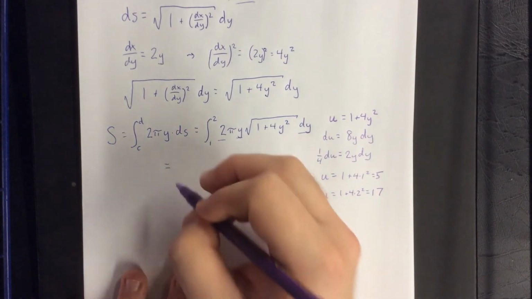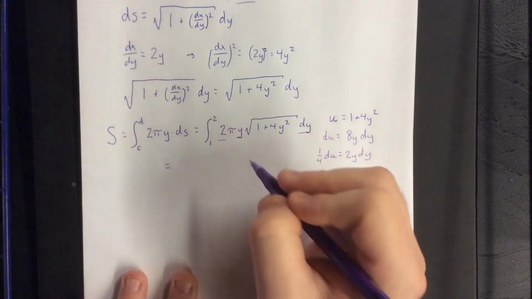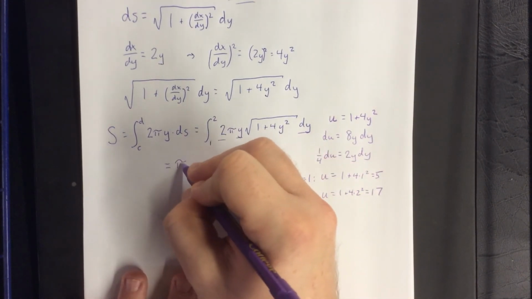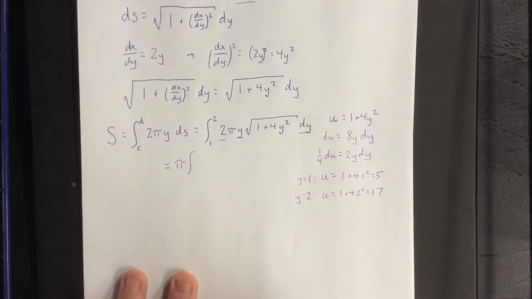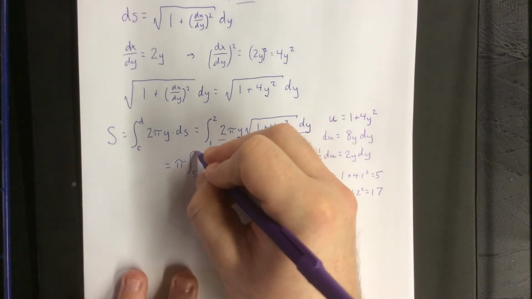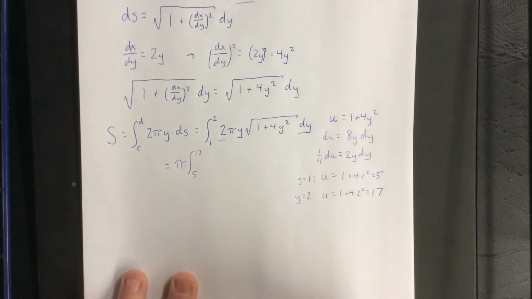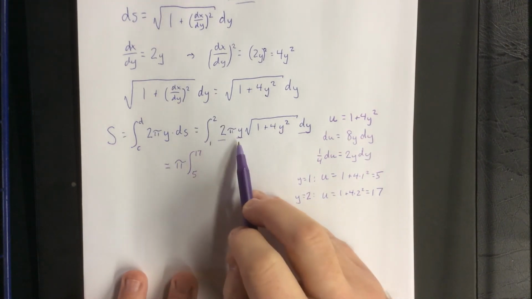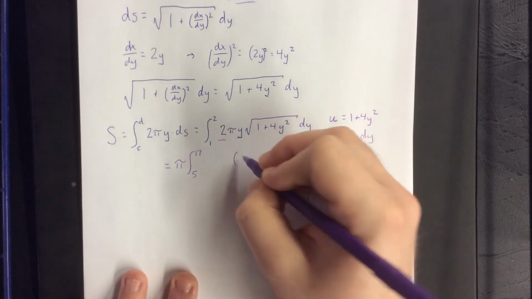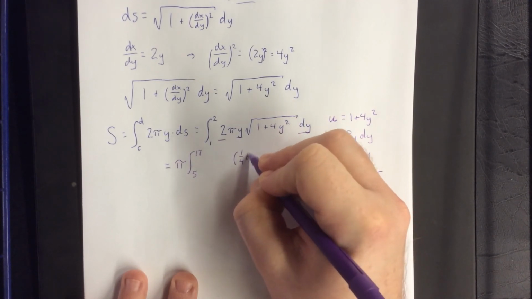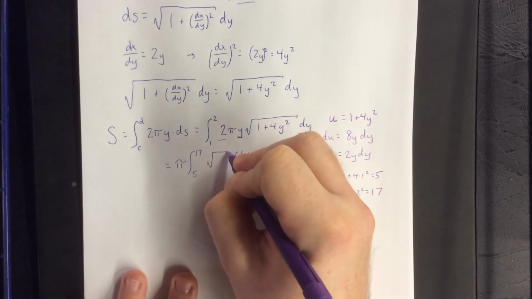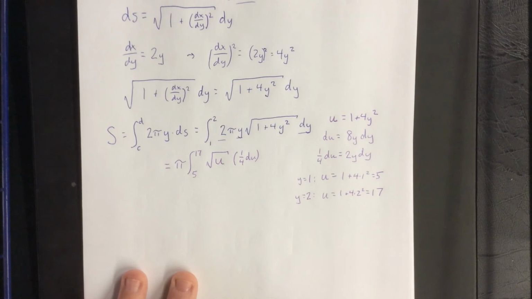So, setting this all up, we can pull that pi outside of the integral since it is a constant multiple. Definite integral from 5 to 17 of the 2y dy, that all will become 1/4 of du, and we are left with the square root of u.